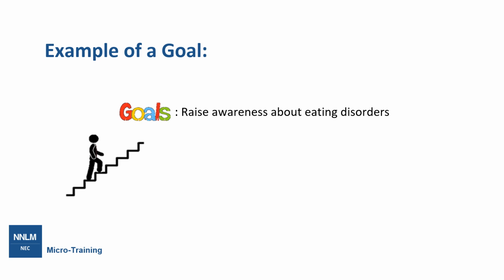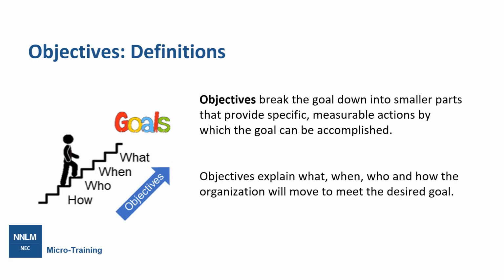Now that we have explained how to think about goals, let's move to the related yet different concept of objectives. Remember, goals are broad statements that talk about our ideal accomplishments. Objectives, on the other hand, are pointed, specific, and more tangible. Objectives describe a set of small steps that will take the team to accomplish the ultimate goal.